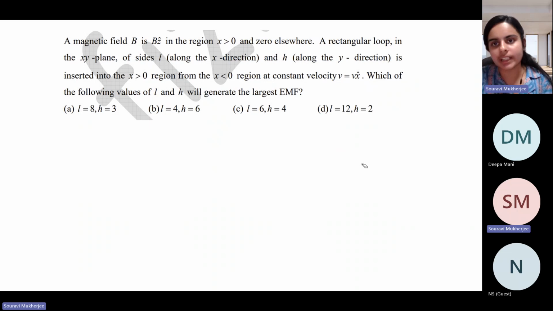You followed the reason why I said that the dimension along Y should be more for EMF to be the largest, right?